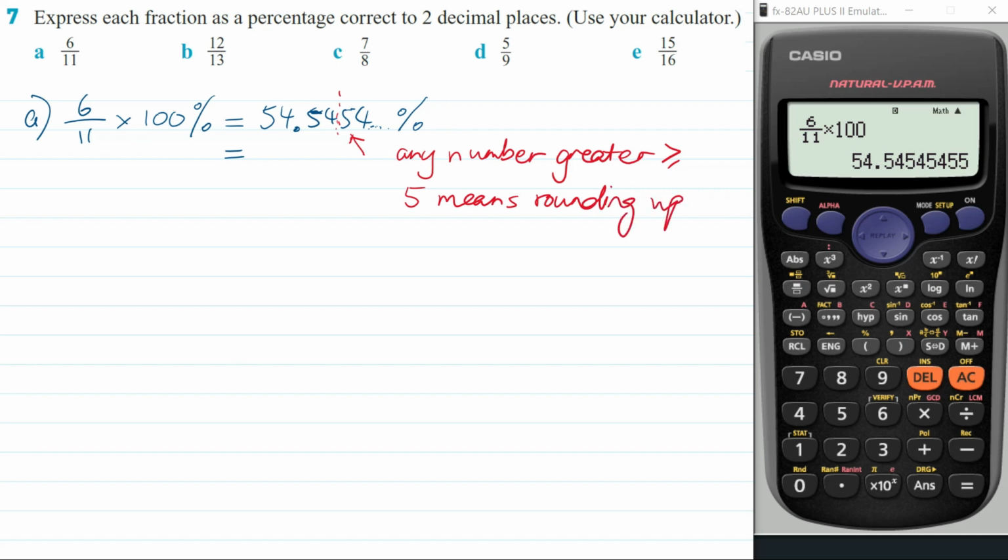So that is telling you that this number here is closer to the ceiling. It's closer to the next step up. So the actual answer you will write down would be 54.55%. We have rounded this digit to the next level, which is 5.